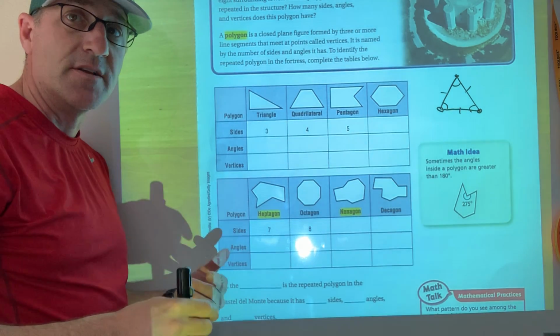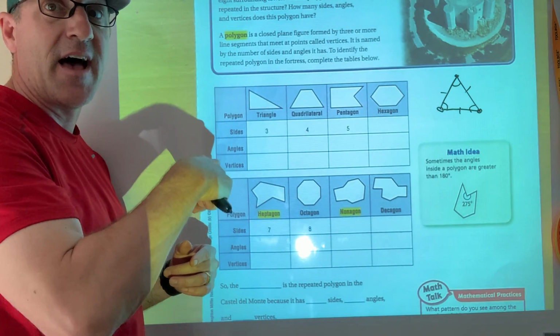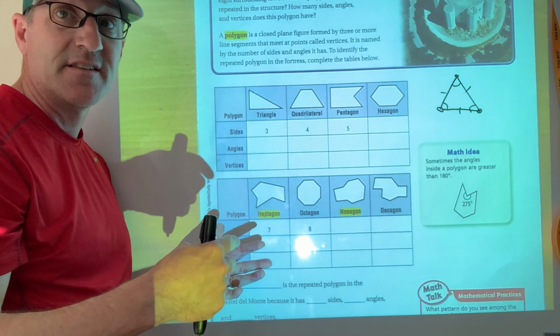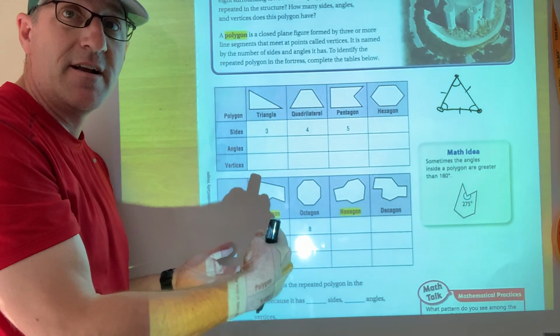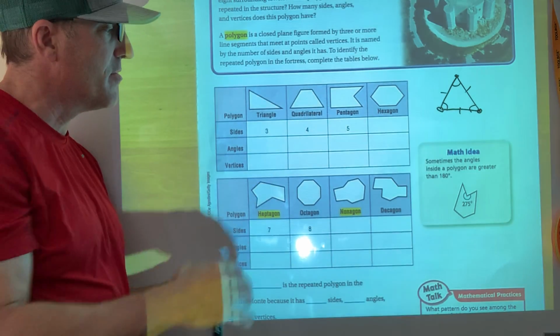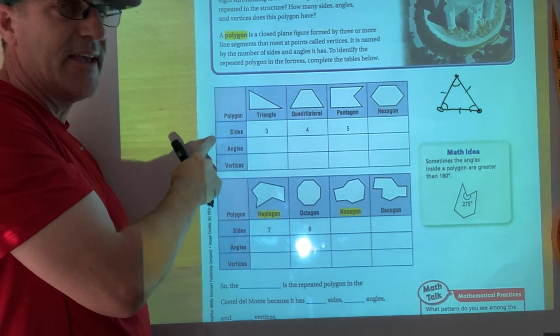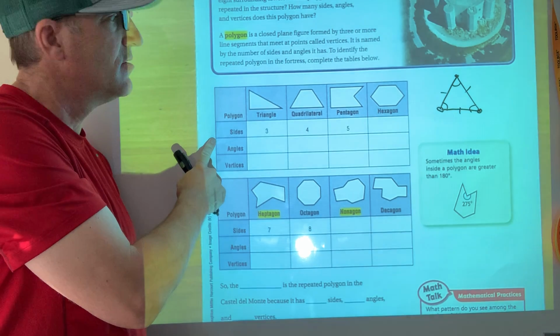What you're going to notice is it's the same number of angles and the same number of sides. It's also the same number of vertices. So this table here, we're going to fill out in about 3 seconds. It is that easy. The only thing you really want to remember is the names of the polygons, because they are named by the number of sides and angles they have, and you can throw in vertices with that too.